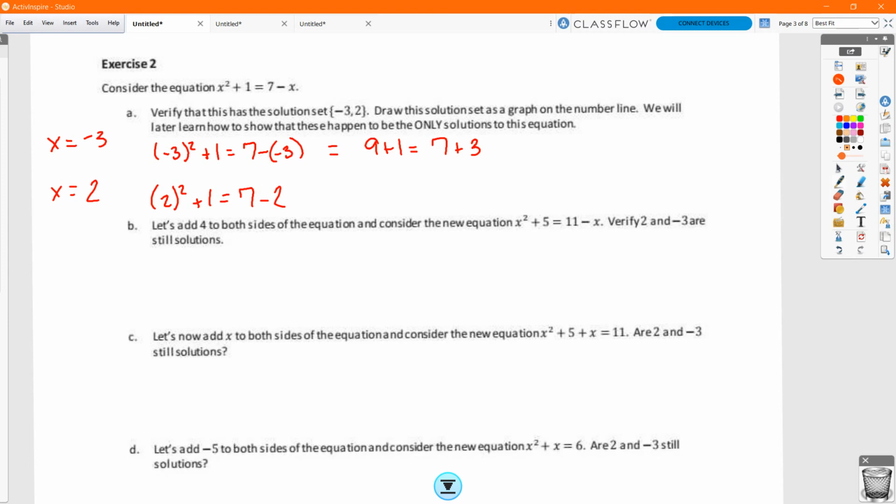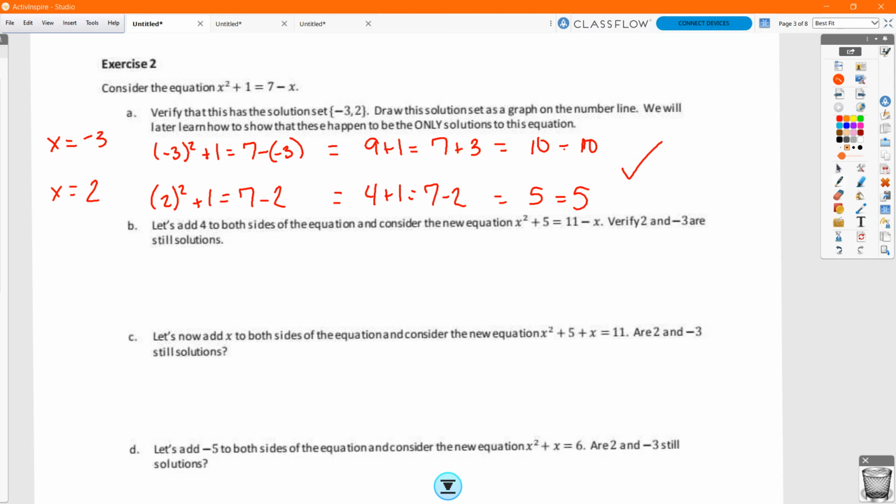Then on the bottom one, I've got 2 squared, which is 4, plus 1 equals 7 minus 2. Well, 9 plus 1 is 10, equals 7 plus 3, which is 10. 4 plus 1 equals 5, and 7 minus 2 equals 5. So it verifies: negative 3 and 2 are solutions.